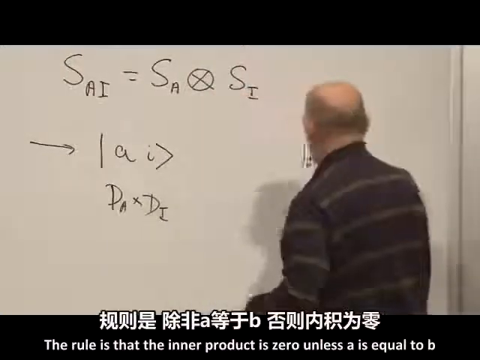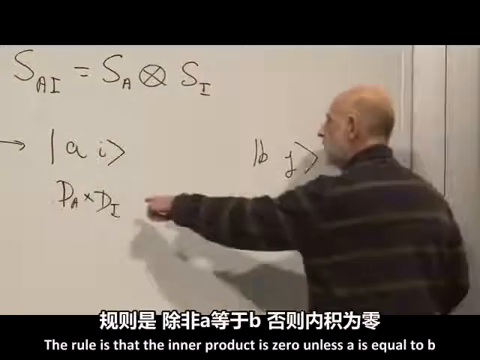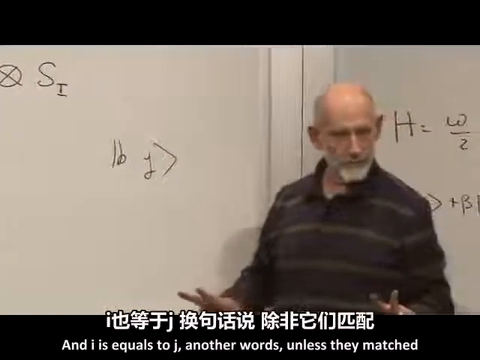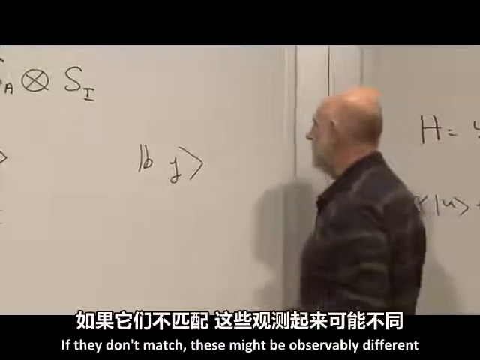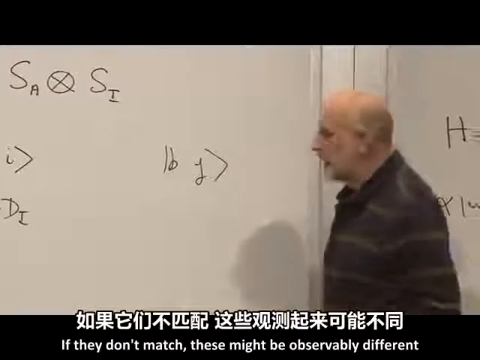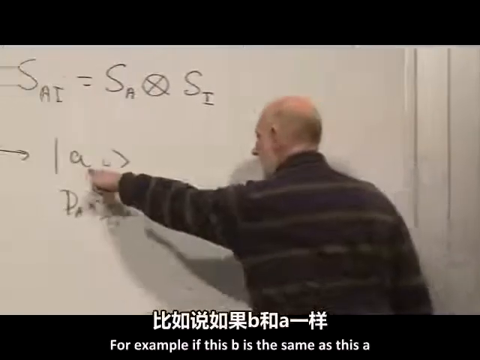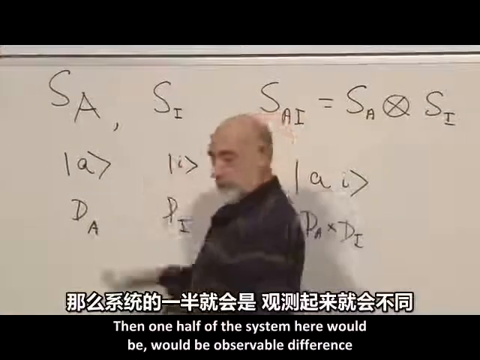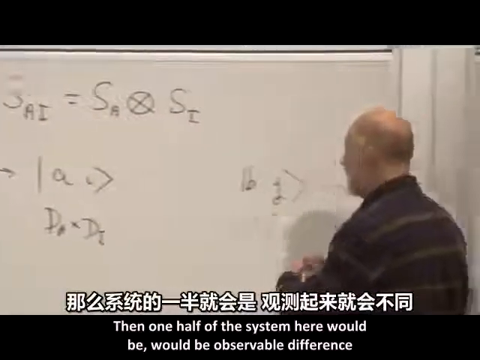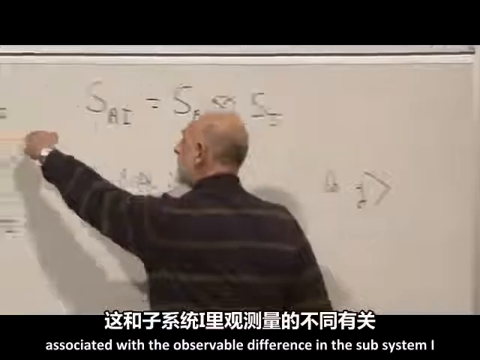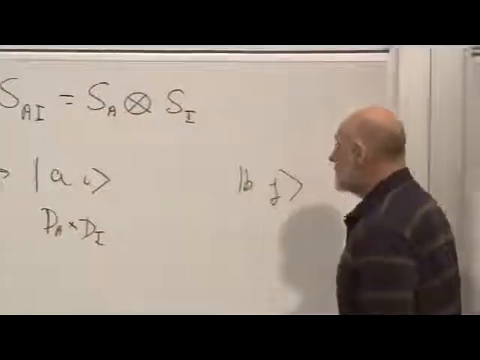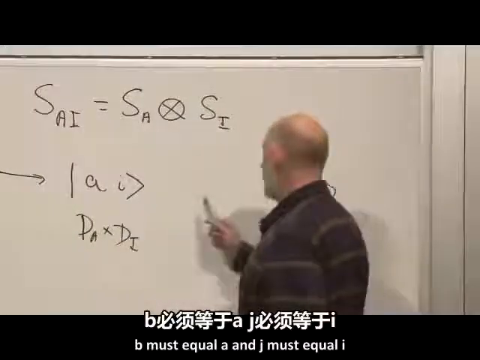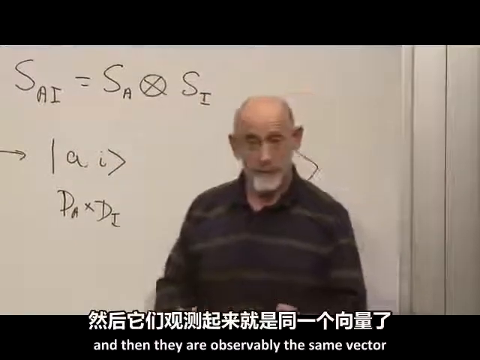The rule is that the inner product is 0 unless A is equal to B and I is equal to J. In other words, unless they match. If they don't match, these might be observably different. For example, if B was the same as A, but I was not the same as J, then there would be observable differences associated with observable differences in the subsystem I. So in order for them to have an overlap, B must equal A and J must equal I, and then they're observably the same vector.